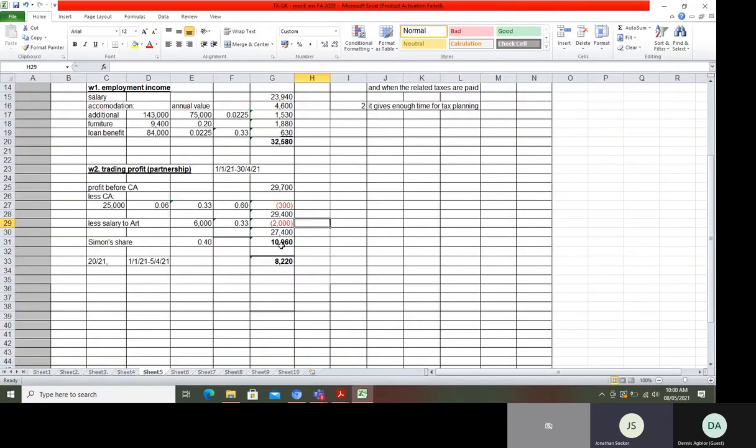So we let the salary that goes to A, 6,000 for a year, times 4/12 will give us what? 2,000.